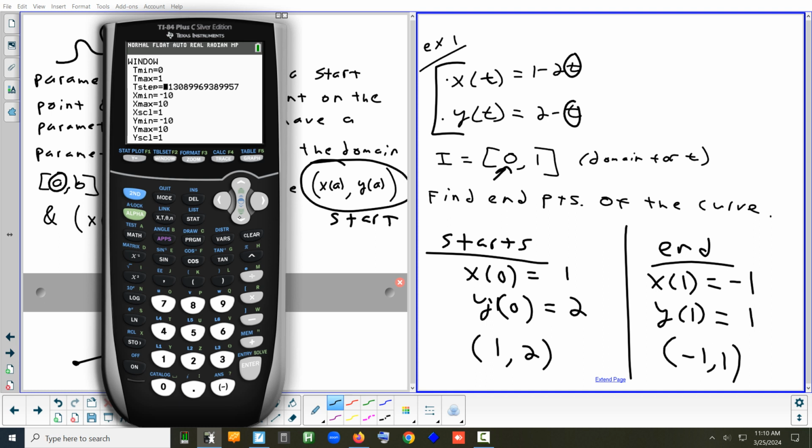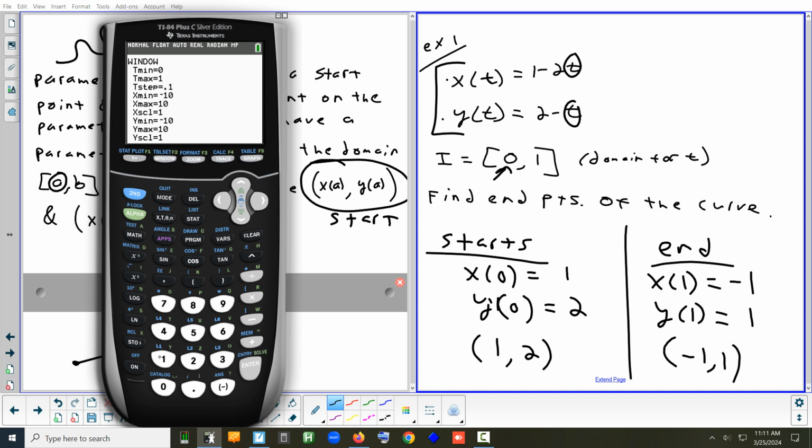Now, the t step basically controls how many points the calculator is going to plot between the start and the end. For example, if you go by 0.1, the calculator will start at 0, end at 1, and go up in increments of 0.1. So what's it going to plot for points?